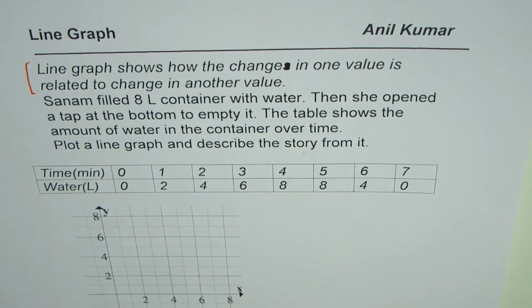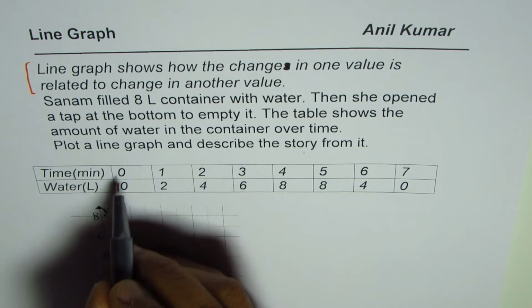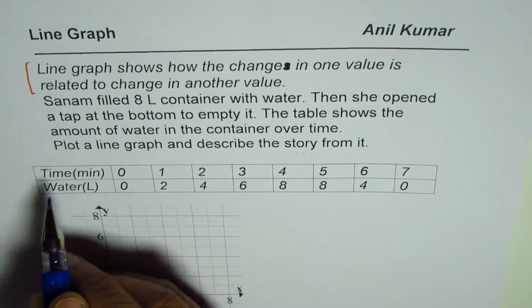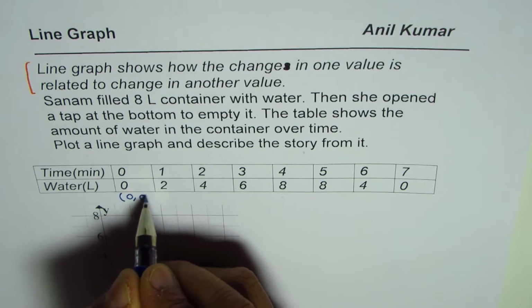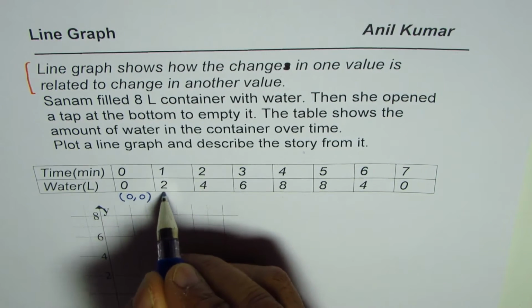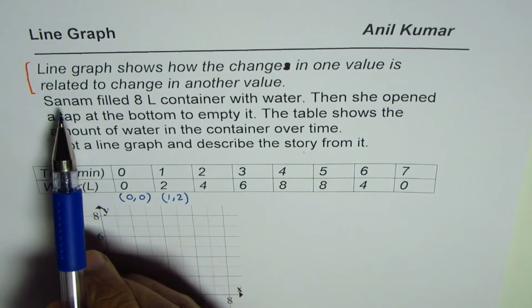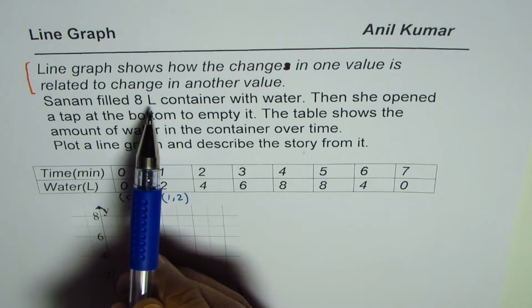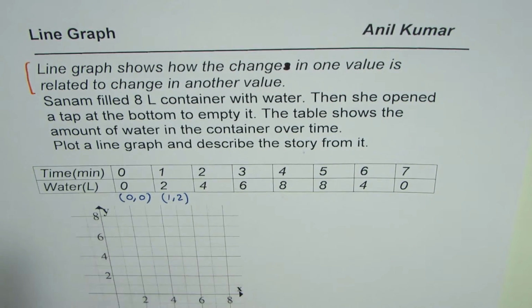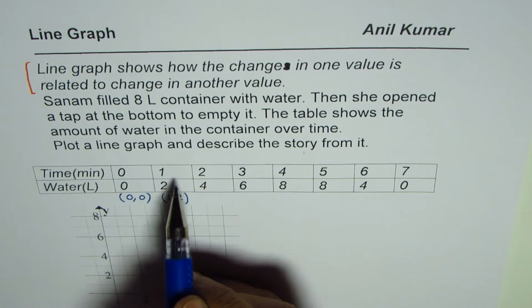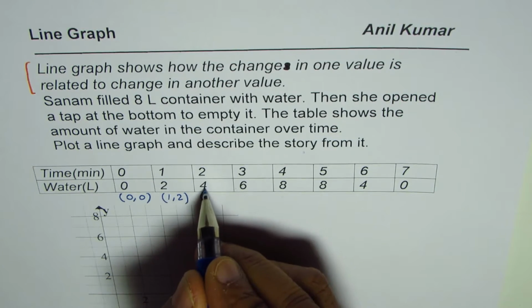When we read the values, we are reading them as coordinate points. When time is 0, water level is 0, so its coordinate value is (0, 0). When time is 1, water level is 2. Let's look into the case. Sanam filled an 8 liter container with water. She is filling, and therefore after every minute the water level is increasing. After 2 minutes the level is 4 liters.